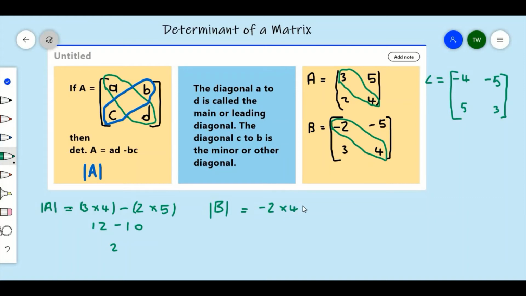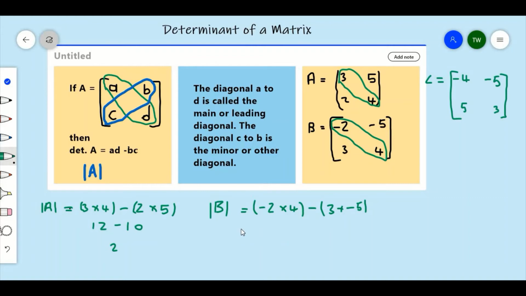Put that in a bracket, put our minus sign, open another bracket, and it's going to be 3 times -5 or -5 times 3. Doesn't matter how you write it. So it's going to be 3 times -5.